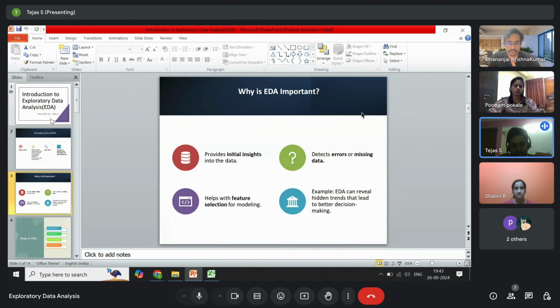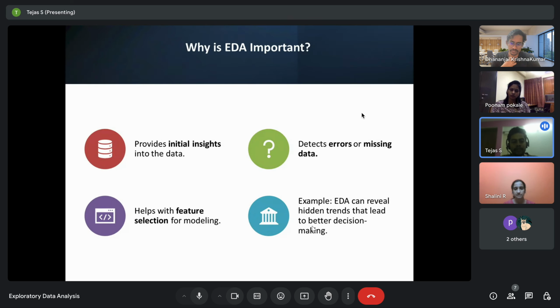The importance of EDA: it provides initial insights into the data, detects errors or missing data, and helps with feature selection for modeling. For example, EDA can reveal hidden trends that can lead to better decision making.